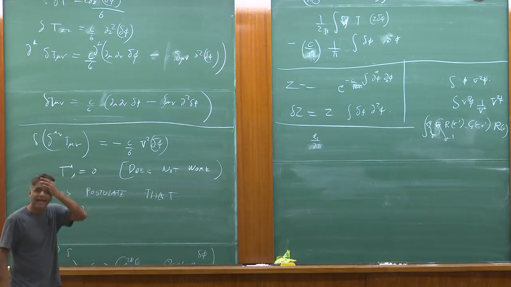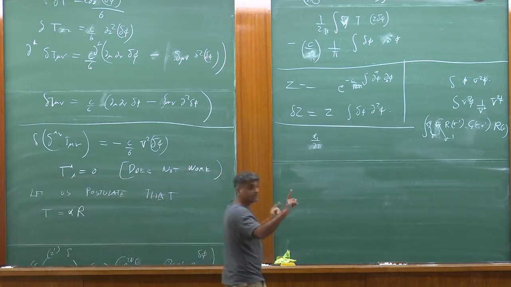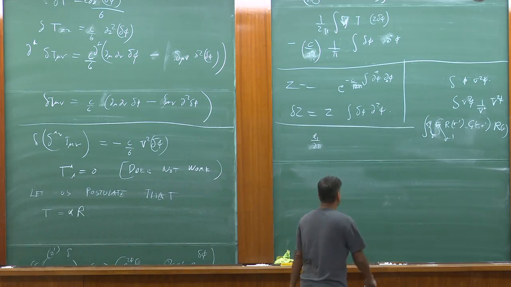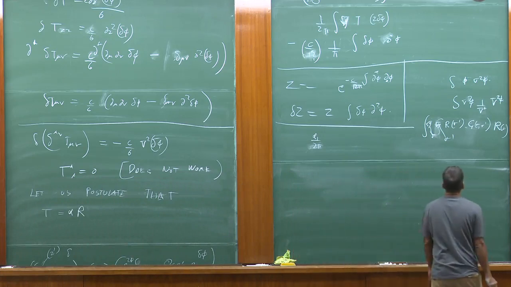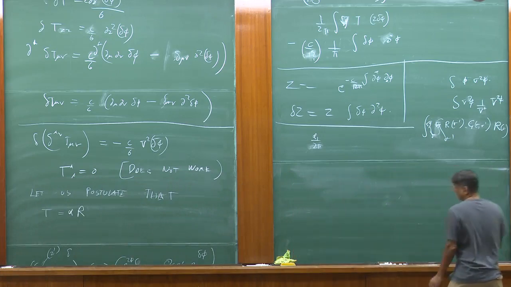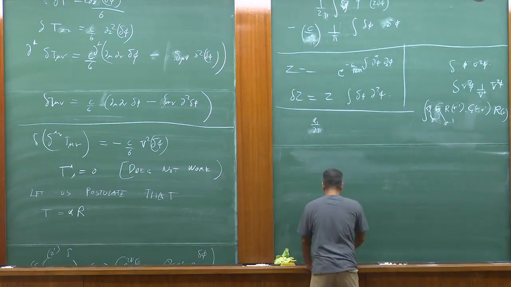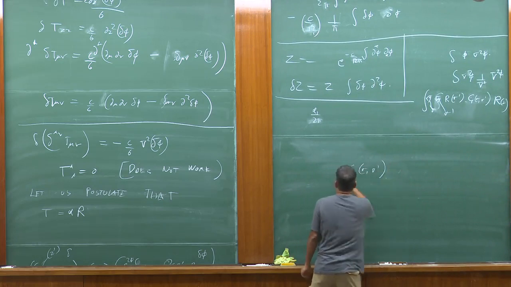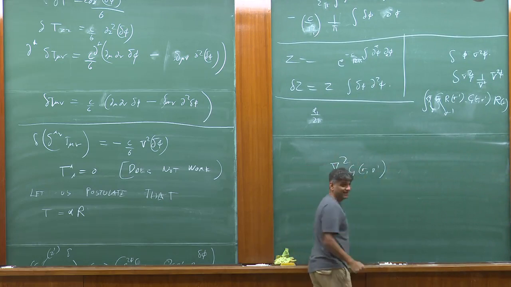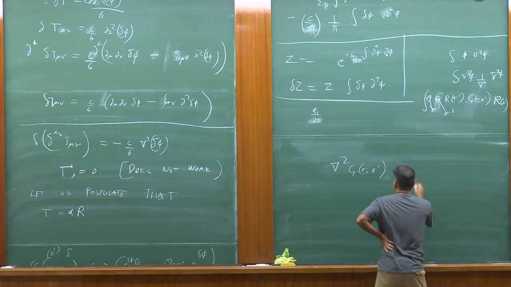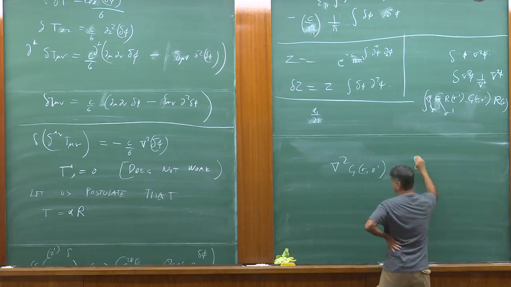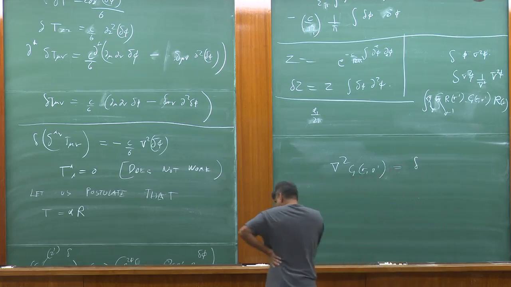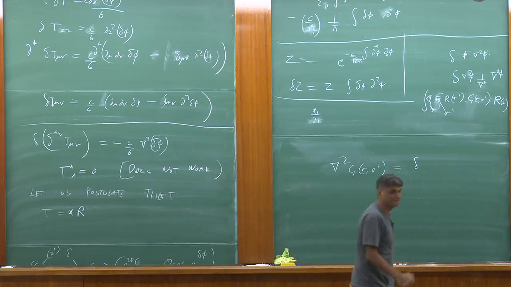Okay, excellent. Sorry, yeah, we were talking about e to the power 2 phi's. Okay, so let's get this straight. So how would G be defined? G would be defined as G sigma prime del squared is equal to delta. Now, how is delta defined?